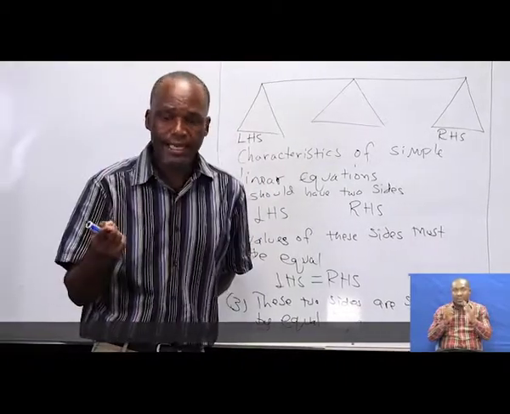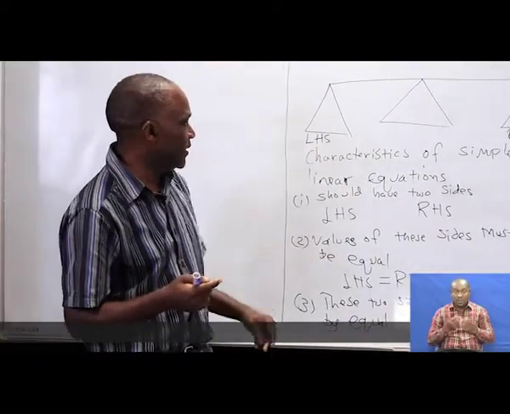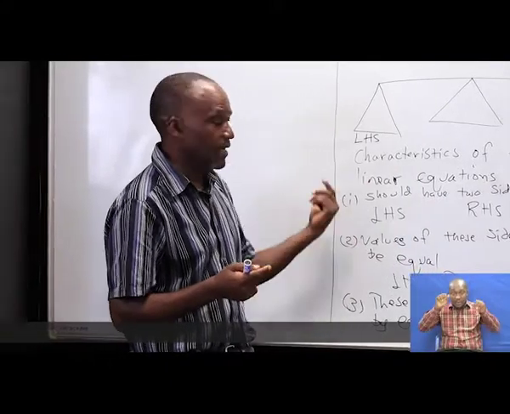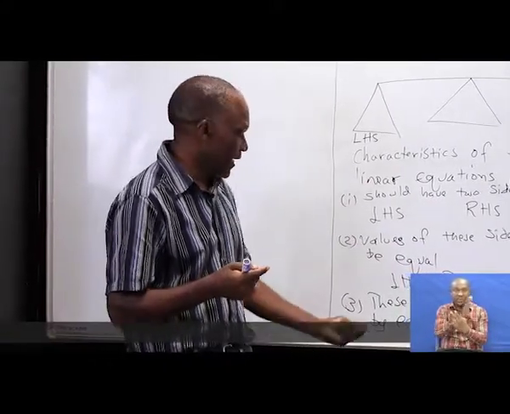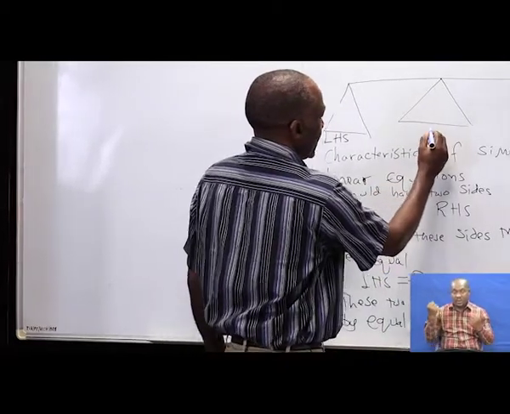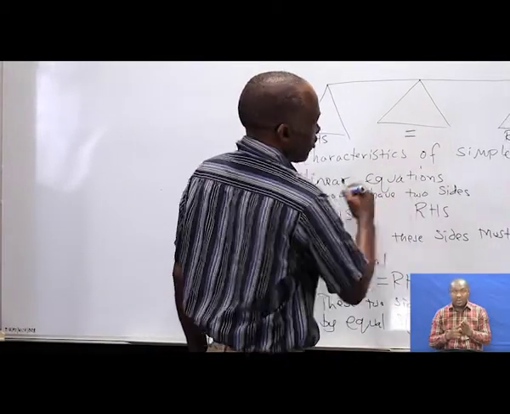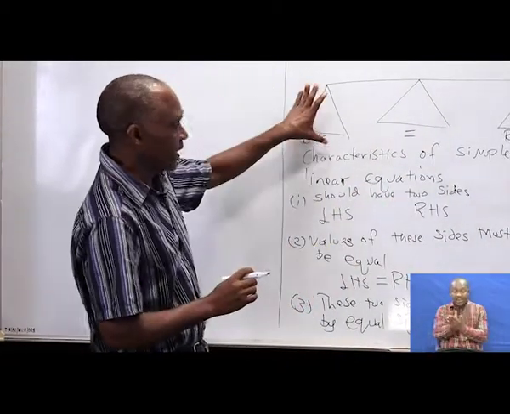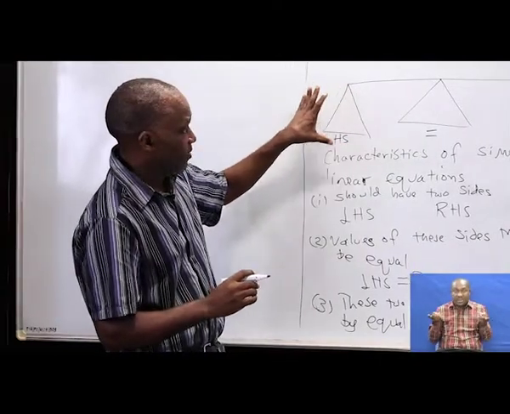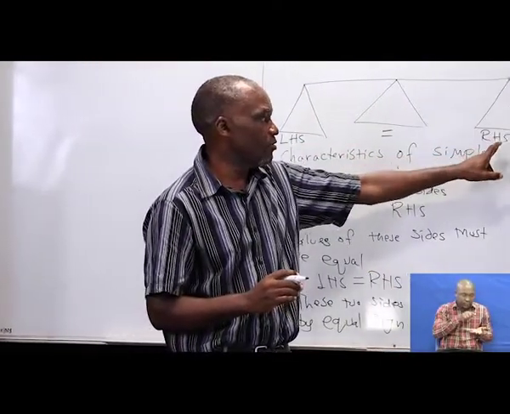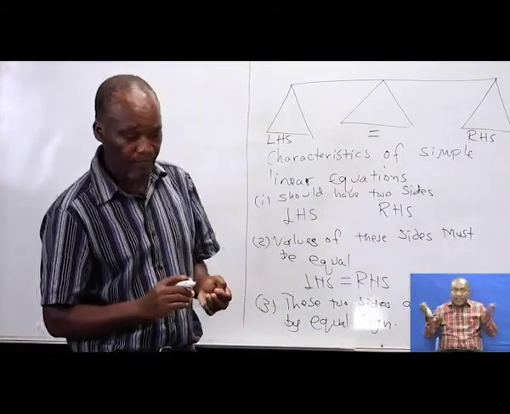So the linear equation should have two sides, the left-hand side and the right-hand side, and an equal sign, which is where the equal sign is. So the value of the left-hand side must be equal to the value of the right-hand side.